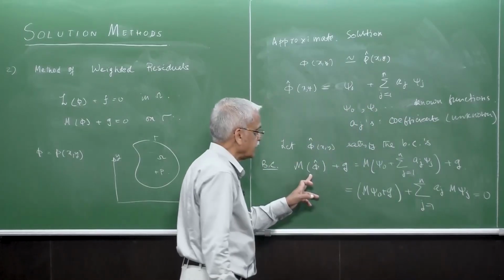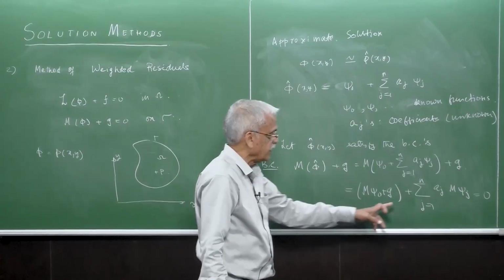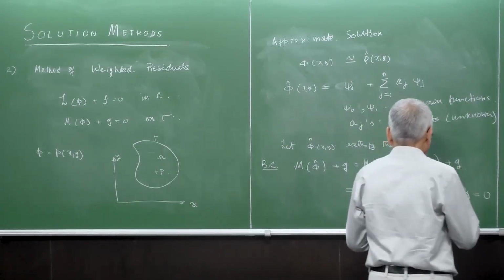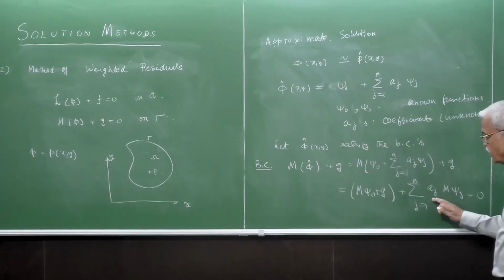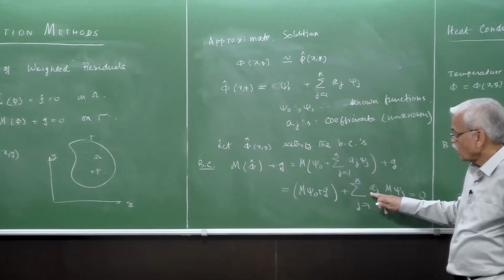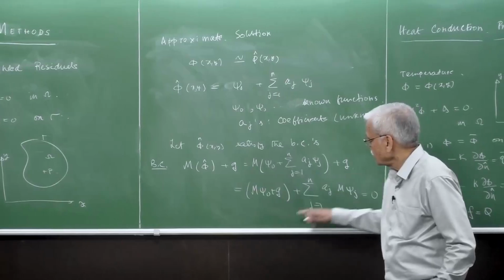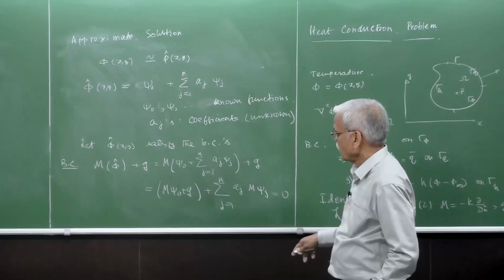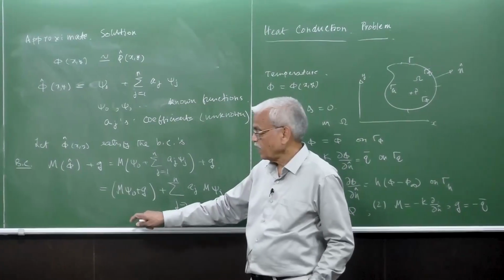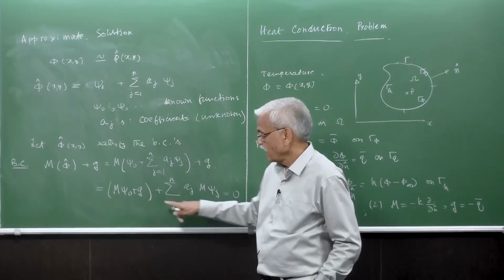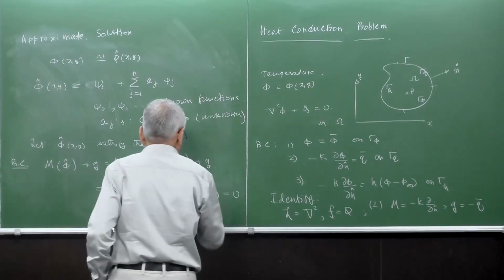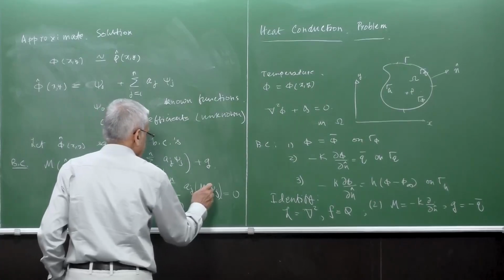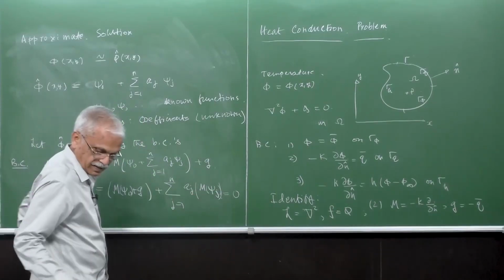If I substitute phi hat into this, whatever the values of aj's, which are unknown at this moment, this equation should be valid, should be equal to 0. So if this has to be 0, what is necessary is that M operating on psi naught plus g, and M operating on psi j, both have to be 0.